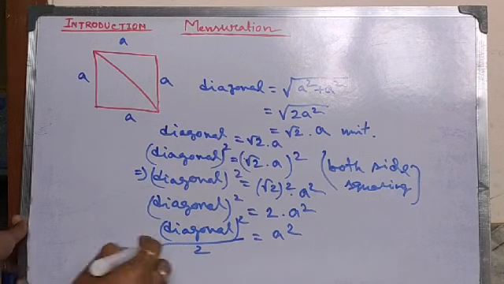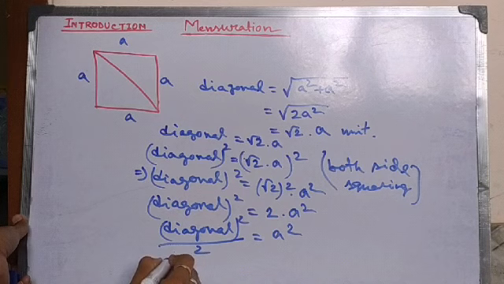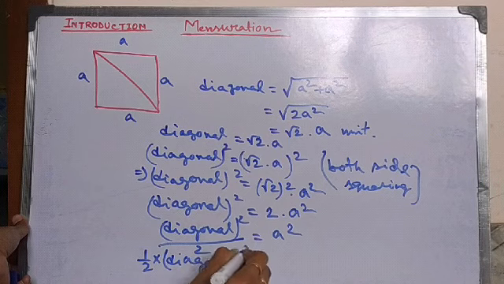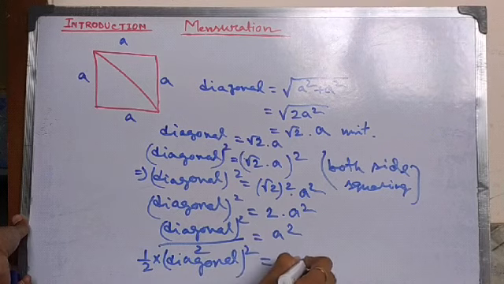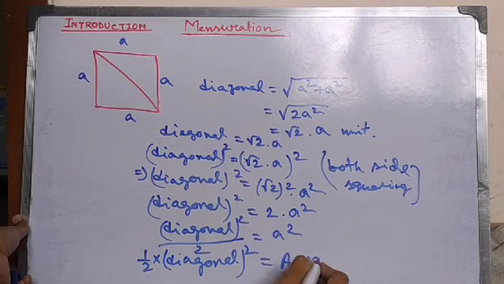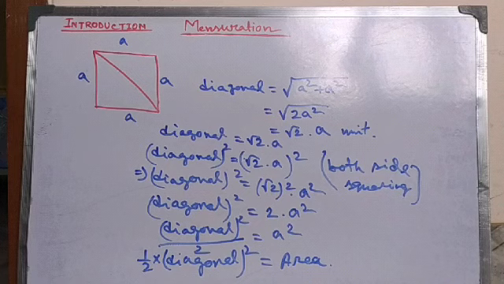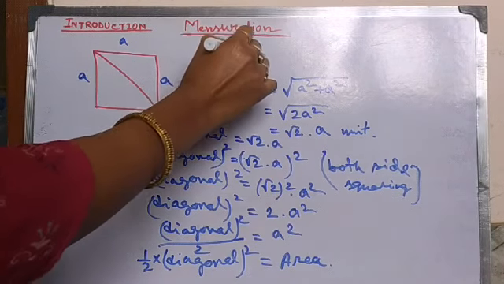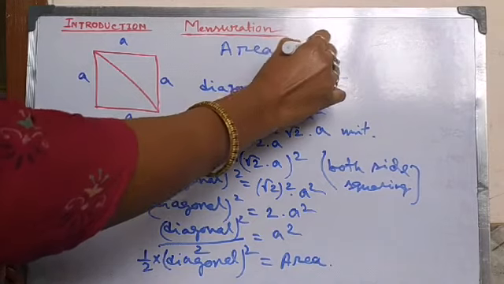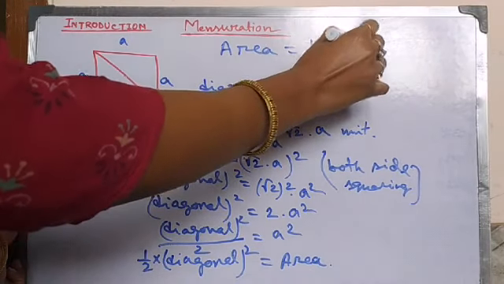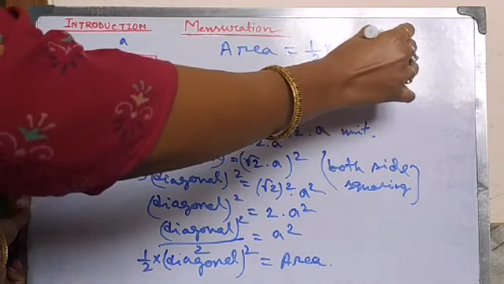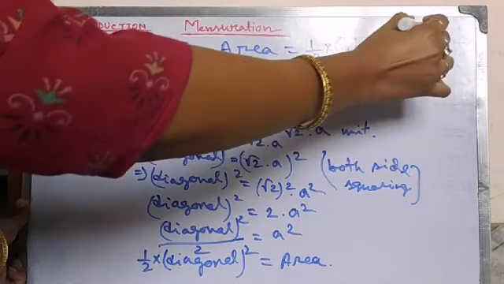So area equals half into diagonal square.